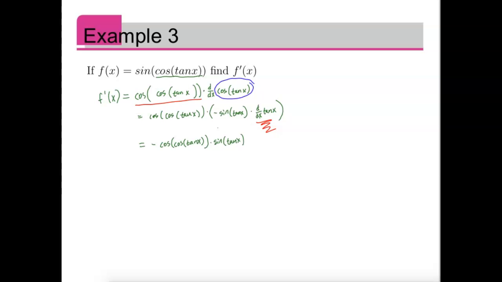And so times the derivative of tangent is just secant squared. And I'm done. The only thing I did to simplify, I moved the negative, that's a -1, multiply, moved that to the front. And there we go. So we get negative cosine of tangent x times sine of tangent x times secant squared x.